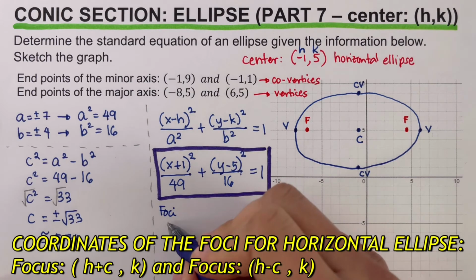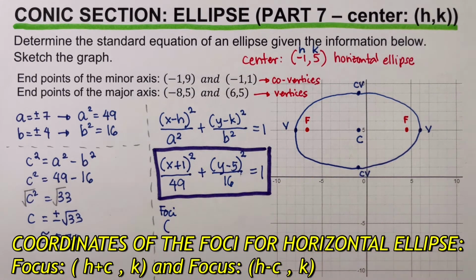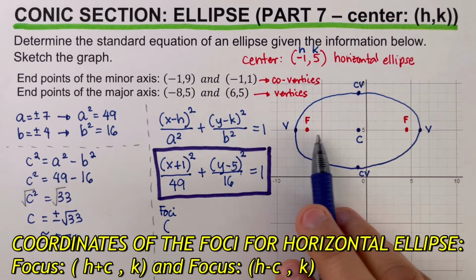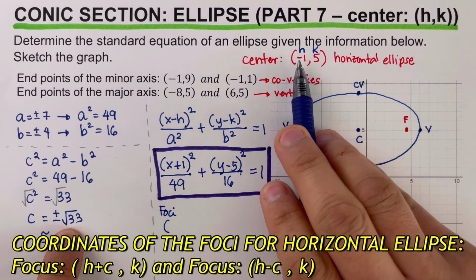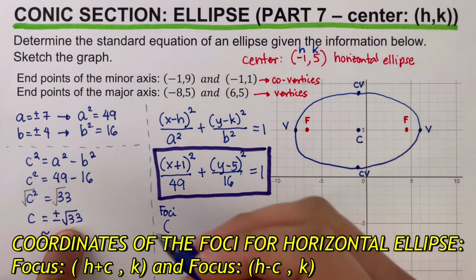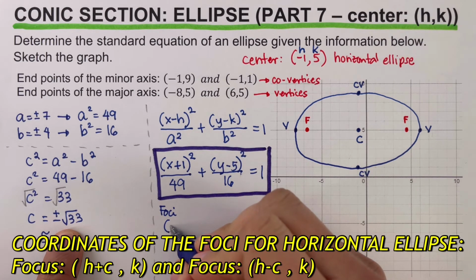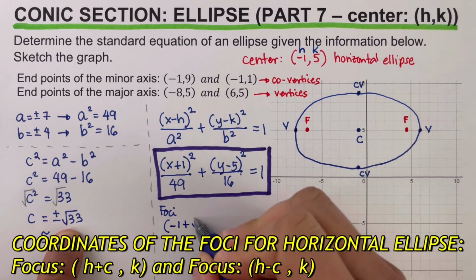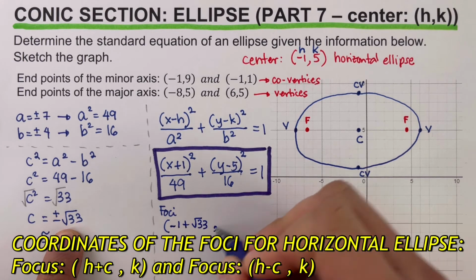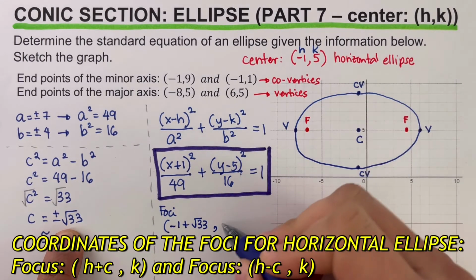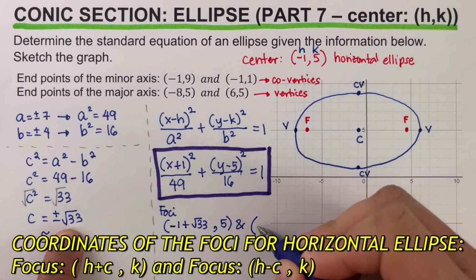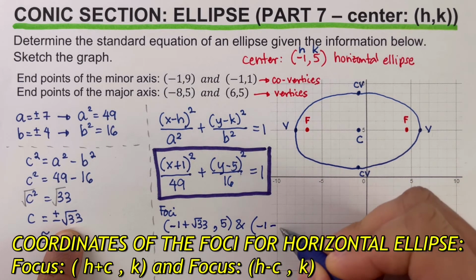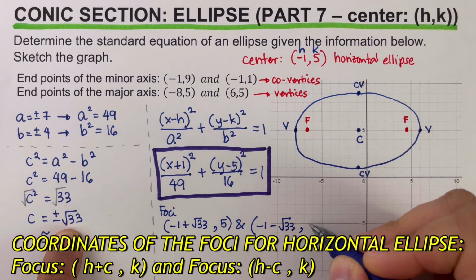So in this case, since it's horizontal, I'm going to add the square root of 33 to the h here, so this would come out negative 1 plus square root of 33, and then the k is 5, and the other coordinate is negative 1 minus square root of 33, and then comma 5.